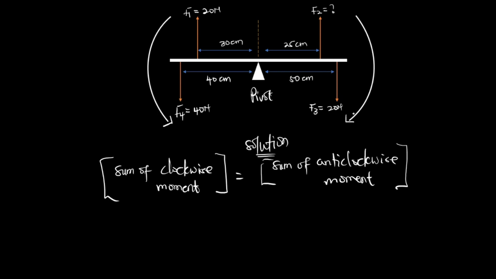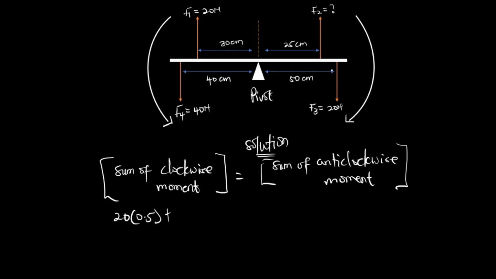If we look at the clockwise direction, we have the force 20 multiplied by this distance, which constitutes a clockwise moment, like we saw earlier on. So we have the force 20 multiplied by the distance 50 centimeters. The distance has to be in meters, so we need to convert the 50 centimeters to meters, which is 0.5.